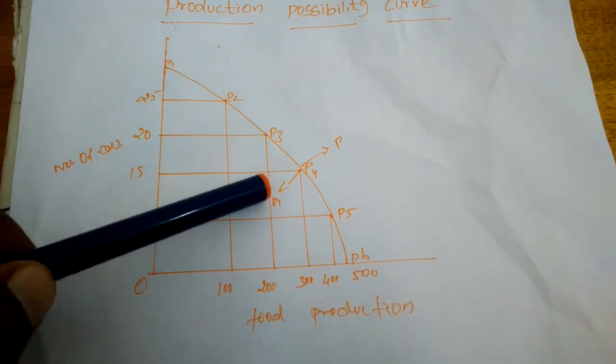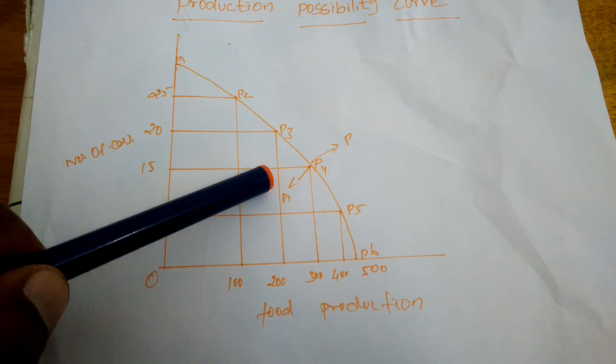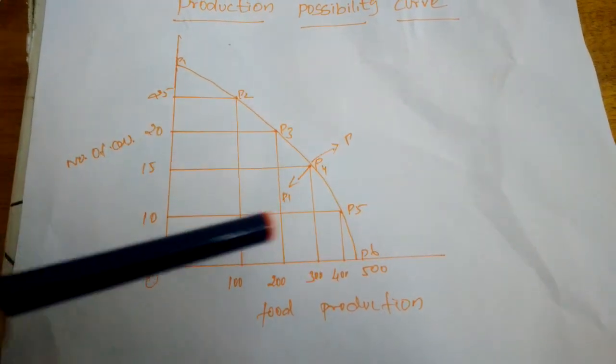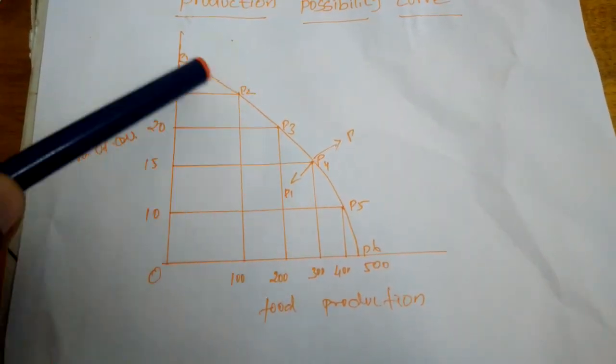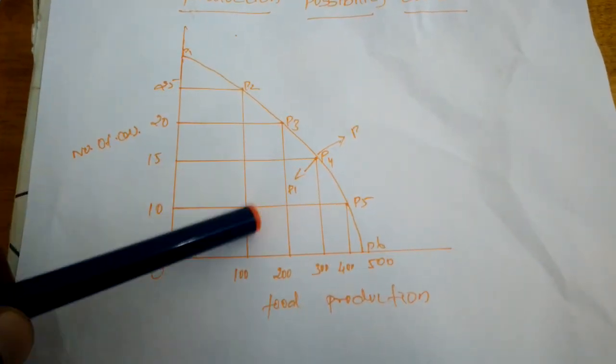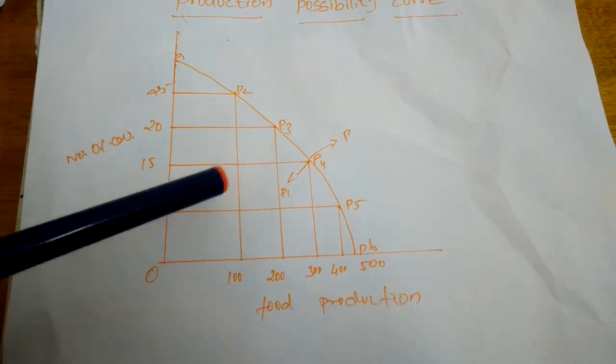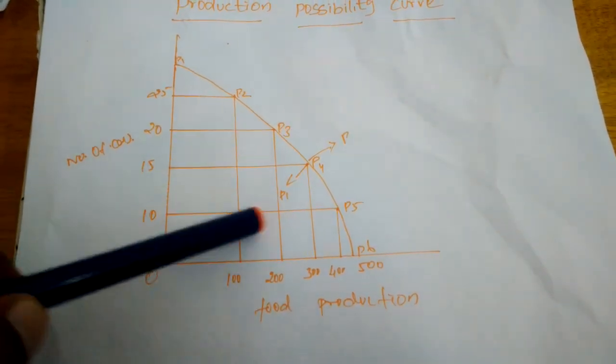Here we have to note one thing: no nation will select any point below the possibility curve, or the locus of points. This curve is called the locus of the possibility curve.